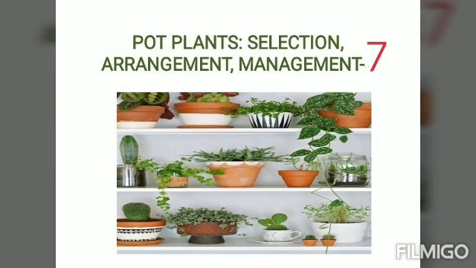That depends on our creativity only. And we can play with the texture, mixing up the colors. So these were some of the important points that we have discussed related to the arrangement, that is part 1 and part 2. Now we'll come to the next, that is part 3.